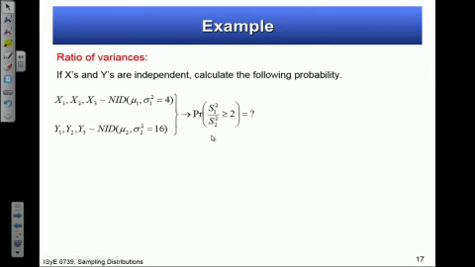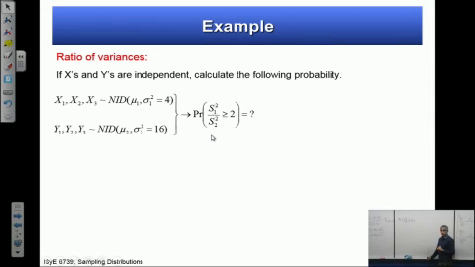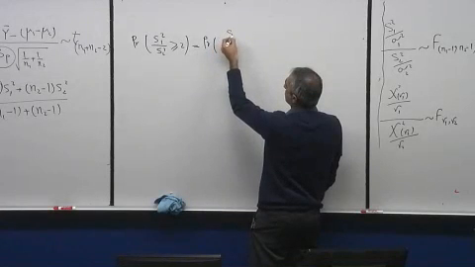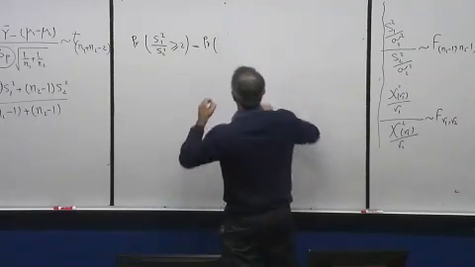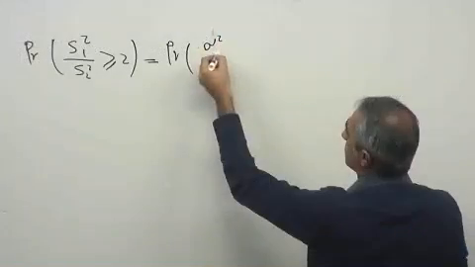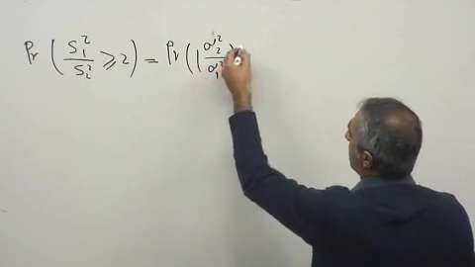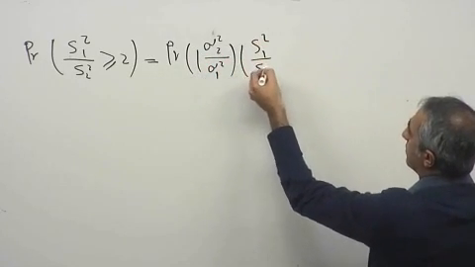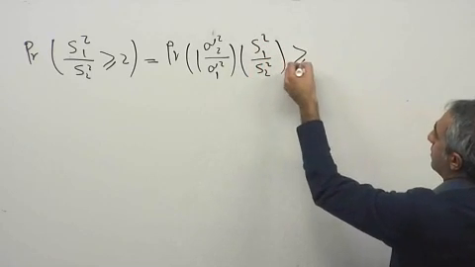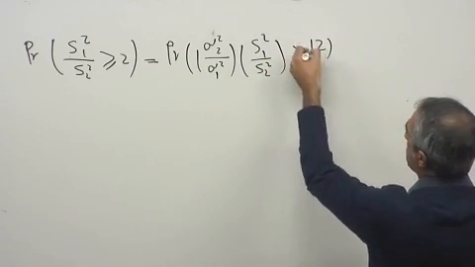So what is the first step? Multiply by sigma 2 squared over sigma 1 squared. Exactly. So what we want to do is to create this guy. We multiply both sides by this guy. In this case it would be 2 times what?